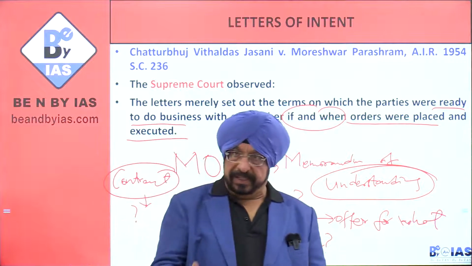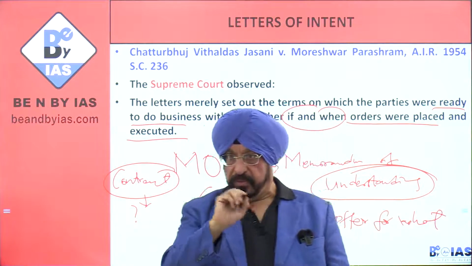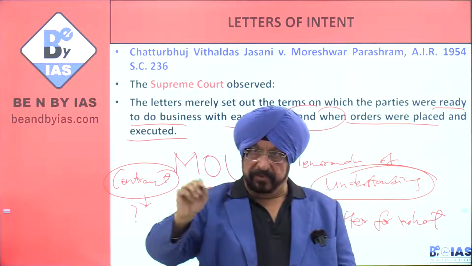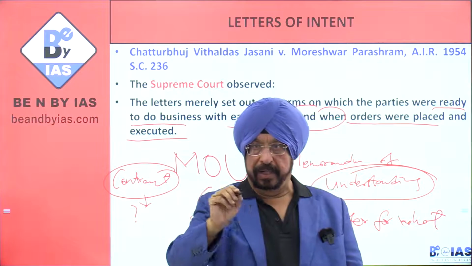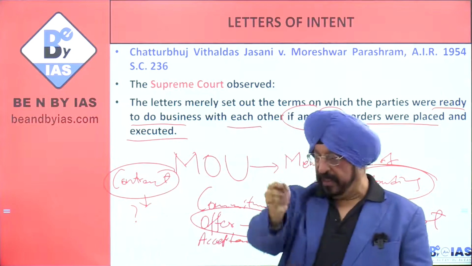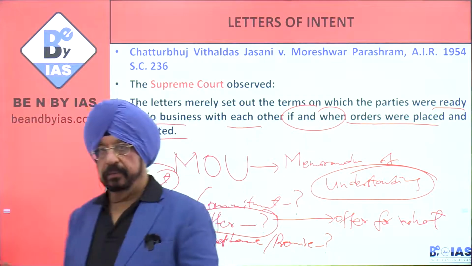But it doesn't say we offer you, or this is to certify that we give you this much amount as car loan or house loan. Nowhere. पढ़िए आप जाके. बात खत्म.